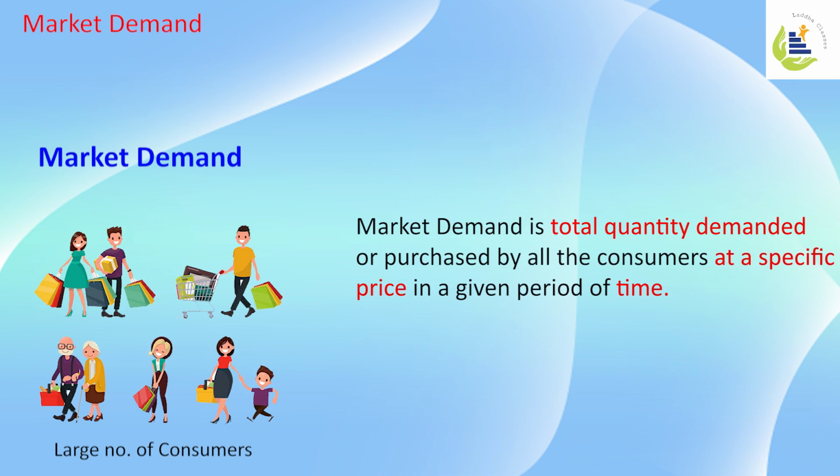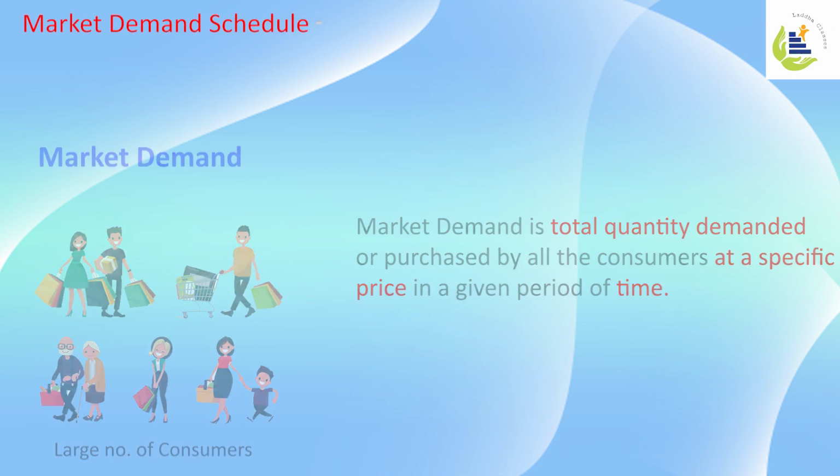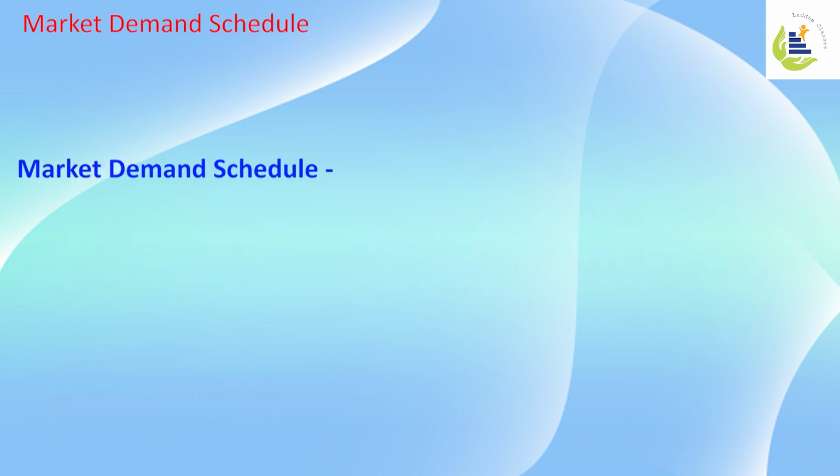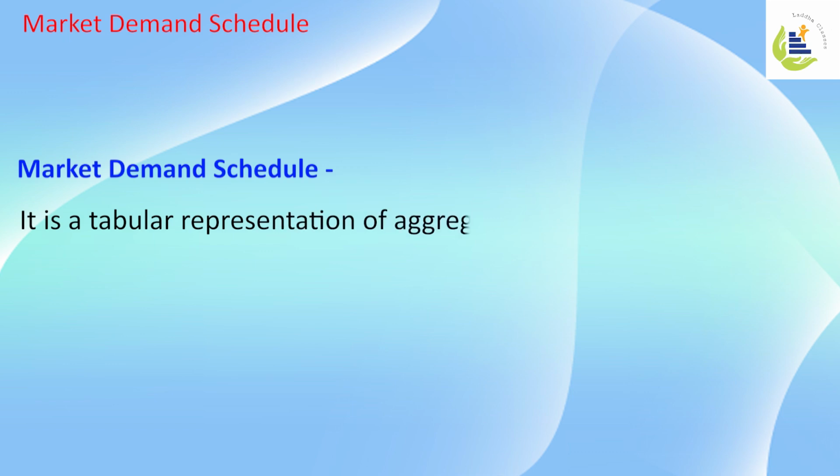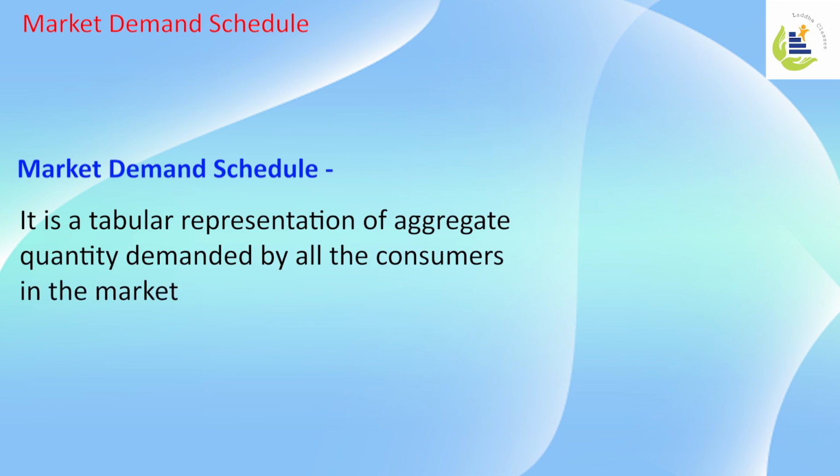This whole idea is very useful in macroeconomics also. Let us try to understand market demand with a market demand schedule. A market demand schedule is a tabular representation of the aggregate quantity demanded by all the consumers in a market at different prices. So let us take this with an example.